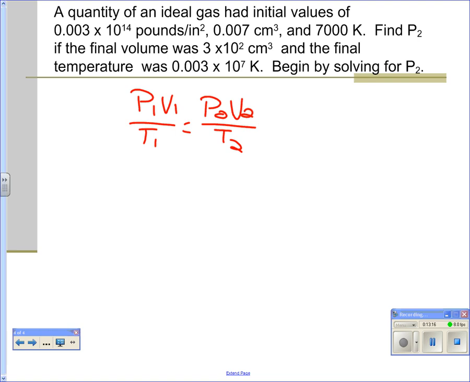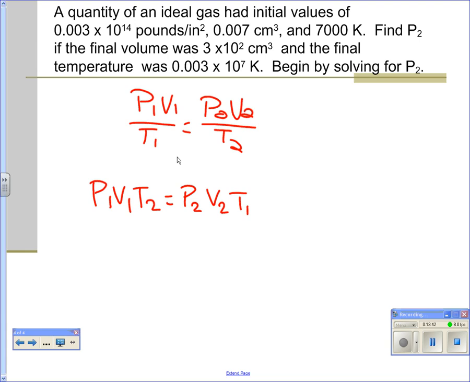Okay, will someone else simplify it? Yeah. Do you agree with that part?